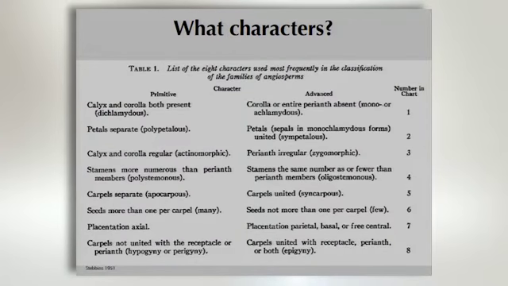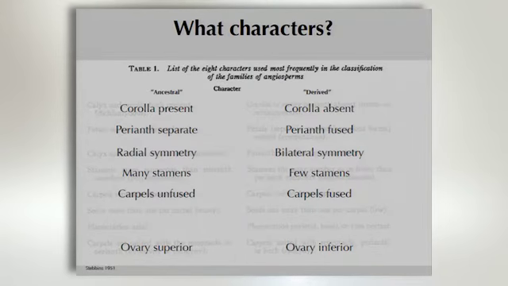So what characters? Well, we went back to our inspiration, this 1951 Stebbins paper, and looked at the 8 characters that he used, and chose 6 of those because these characters influence plant-animal interactions, and we thought they might be subject to strong selection or influence diversification. And we coded all of the taxa that we sampled from GenBank as to whether they possess the inferred ancestral or derived state of each of these 6 characters.